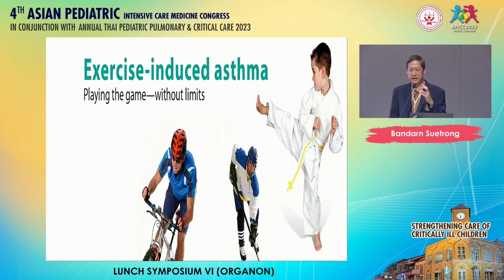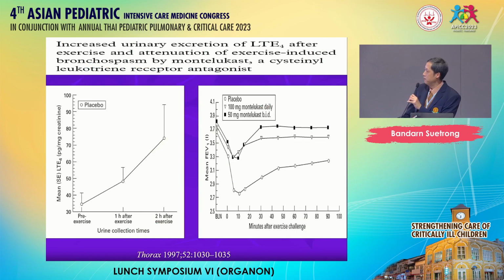The second group that will respond better to montelukast is asthmatic patients who have exercise-induced asthma or exercise-induced bronchoconstriction. So if we ask the patient at the clinic and the patient has symptoms getting worse when they exercise, and we look at children with asthma and exercise-induced bronchoconstriction and perform the exercise challenge test, we will find that the leukotriene level in the urine goes up 1 to 2 hours after that.